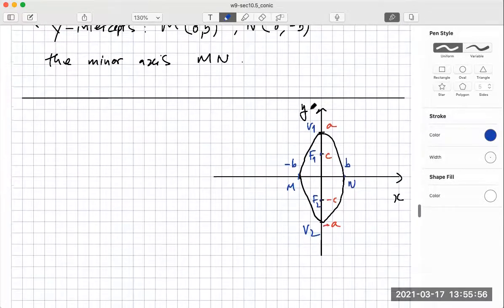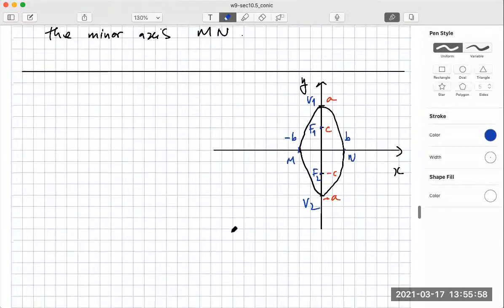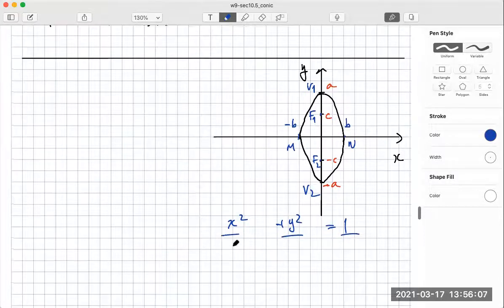But now the equation here, what is it here? a or b? At x equal to 0, it will be a, therefore this should be a squared here, and here b squared. This is another equation of ellipse.